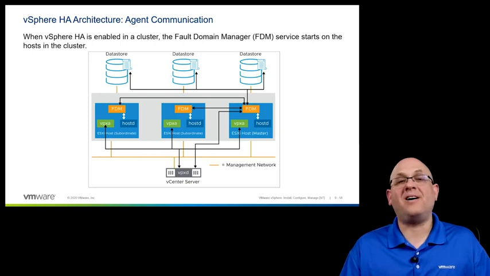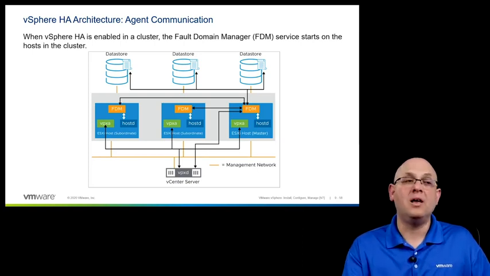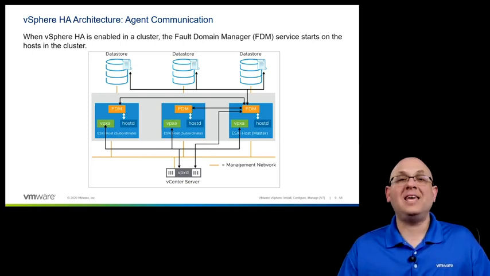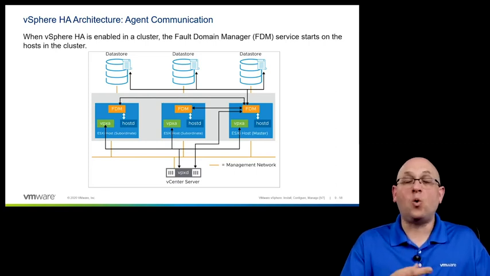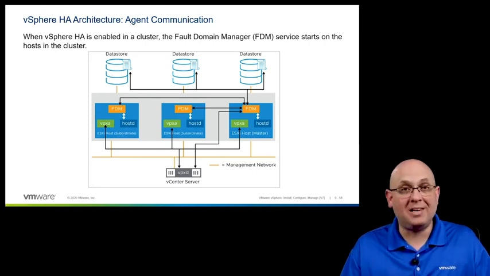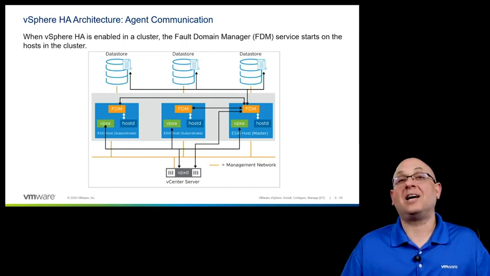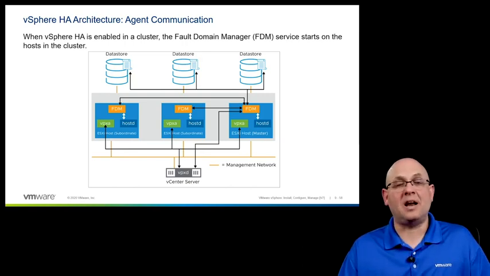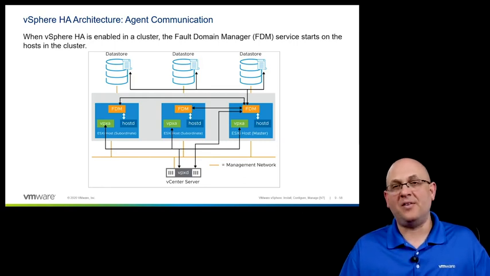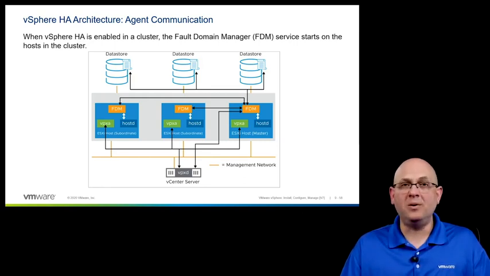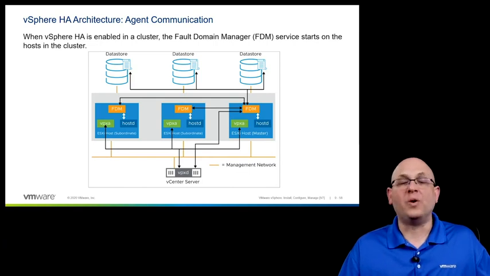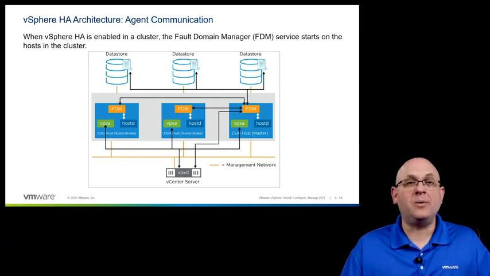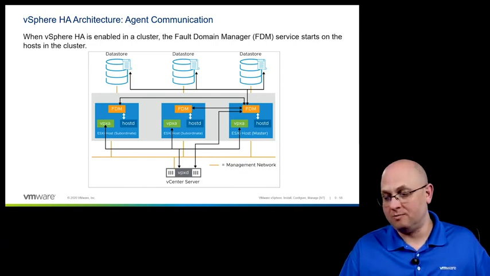The data store heartbeat file, which the hosts have a lock on, will ensure whether the ESXi host in question, the one that hasn't responded to the heartbeat, is isolated. If the master finds that the host is not isolated but actually down, the master will then restart the down host's VMs on other hosts.